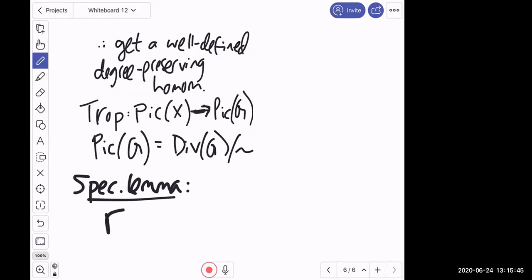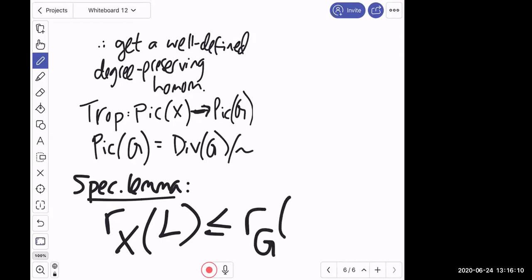I stated it the opposite way last time, but okay. The rank of a line bundle on the curve, which is, remember, the dimension of H naught of L minus 1, is always less than or equal to the rank on this graph of the tropicalization of L. This is not hard to prove.